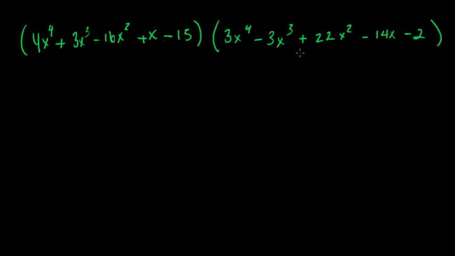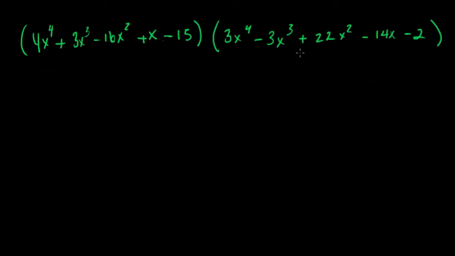Now let's move down a little bit and start to combine our like terms. We have 12x to the 8th. There's no other x to the 8th power, so we'll just have 12x to the 8th. Now let's look at our 7th row here. We have a minus 12, and it's going to be plus 9, which we're dealing with the minus 3. So x to the 7th. Now let's go to the 6th degree powers.